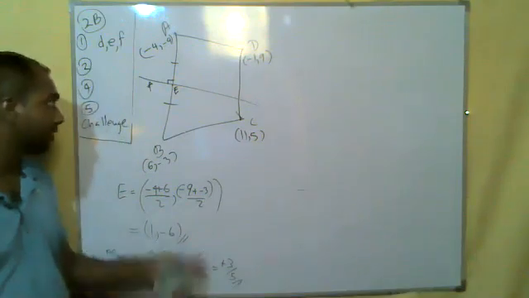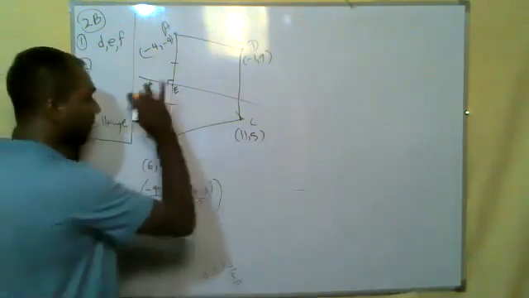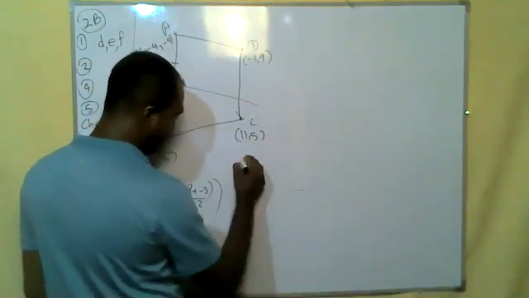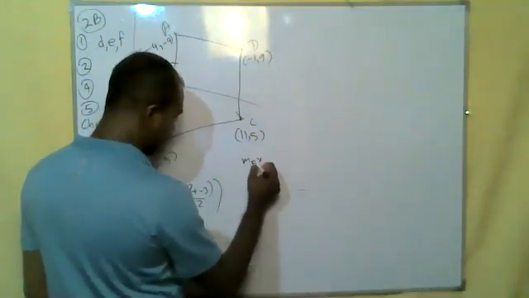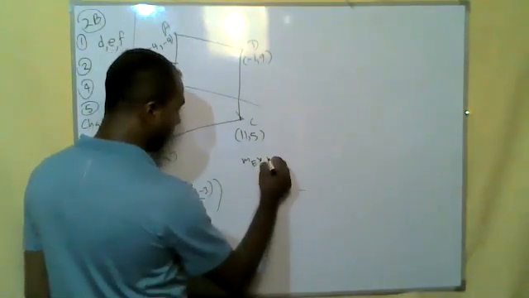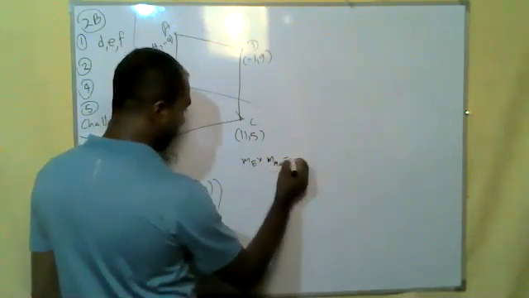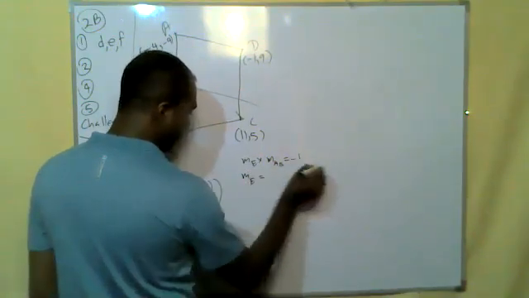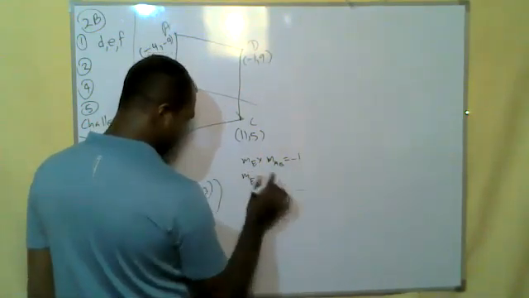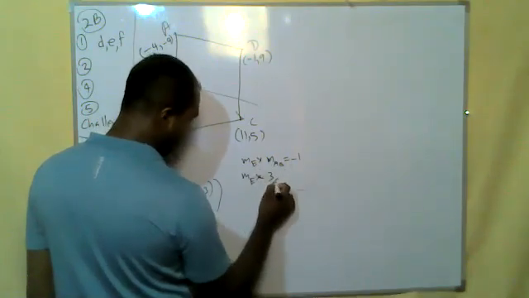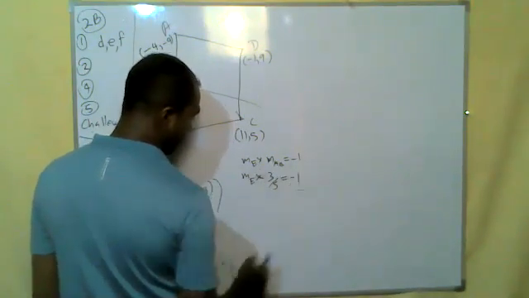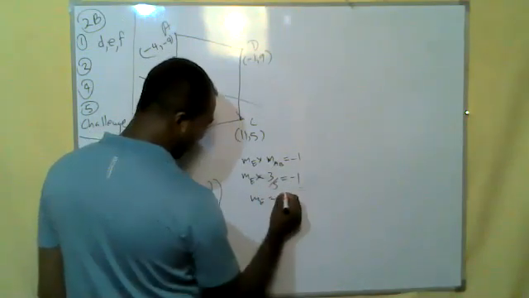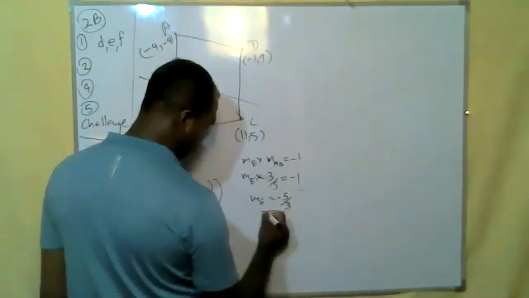So we know the gradient of this AB line. So we know the perpendicular line. If we take it as ME, the gradient of that line is going to be how much? The product is -1 always. So ME is 3/5 into -1, so that gradient is equal to -5/3.